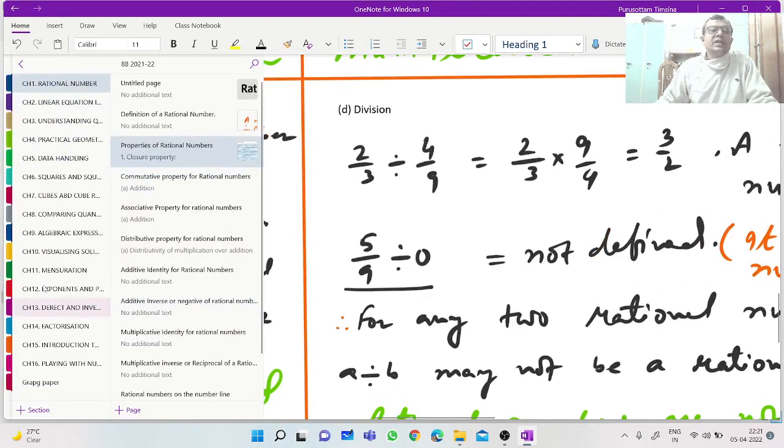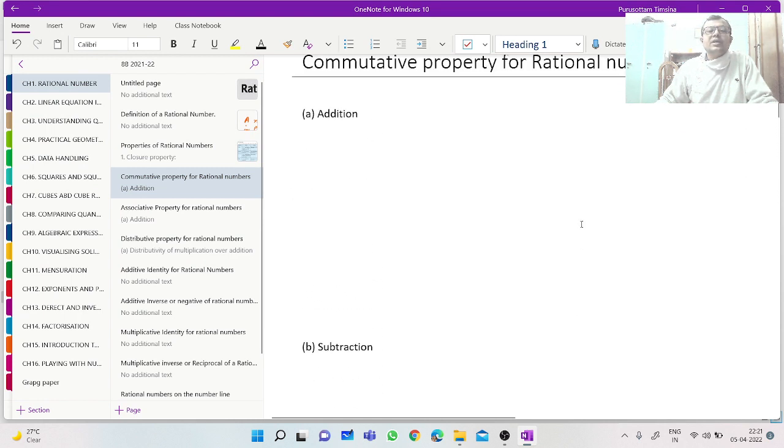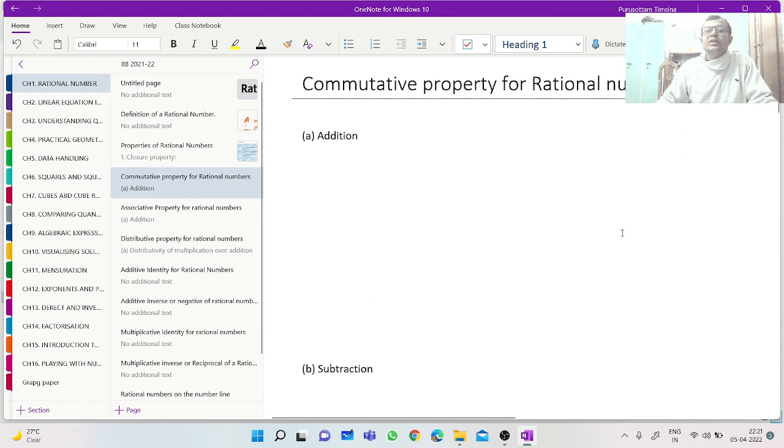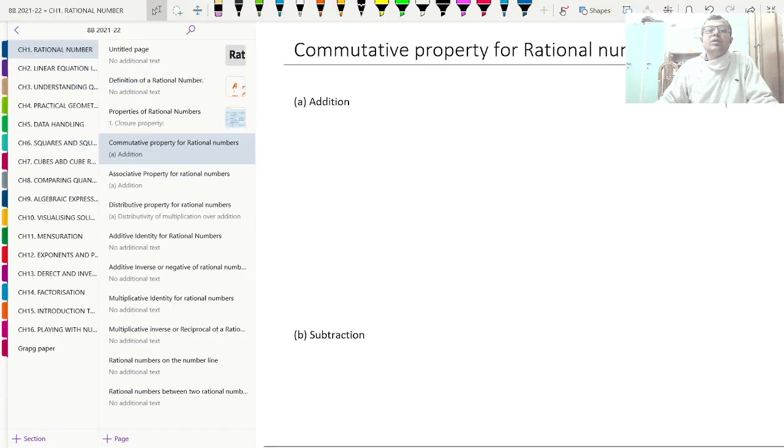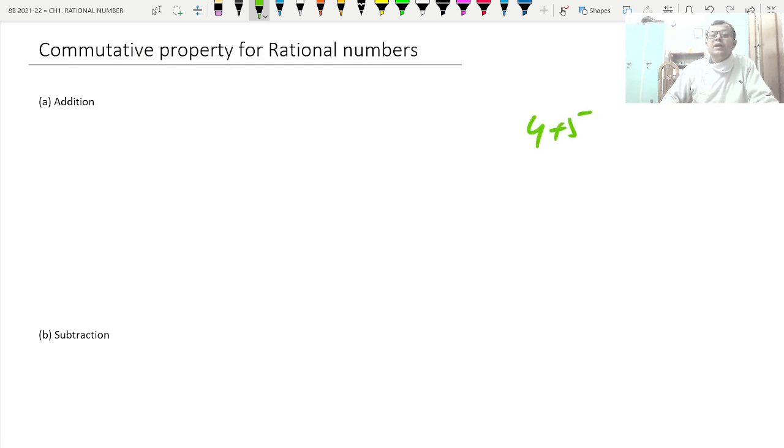Well, then let us go to another property, the commutative property. Commutative means, you see, 4 plus 5 equals 5 plus 4, right?